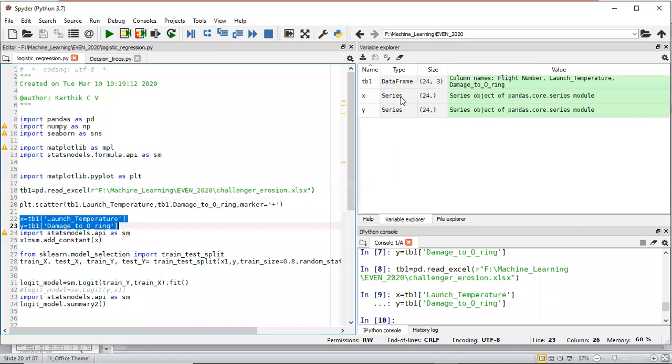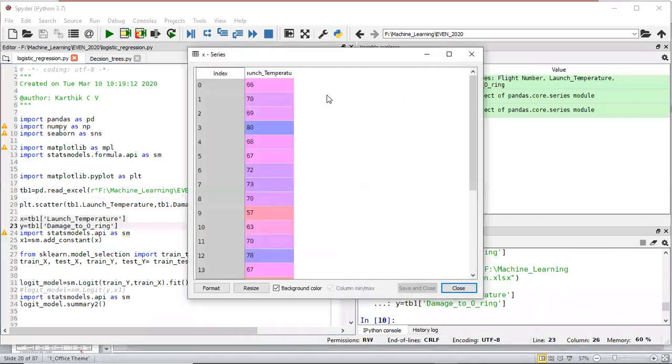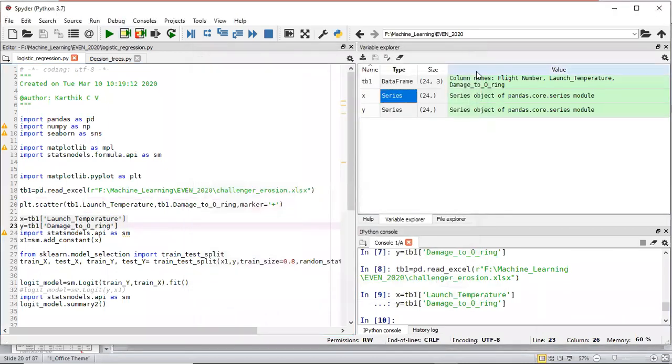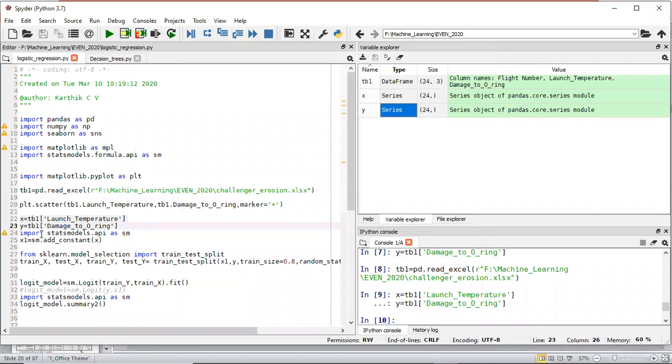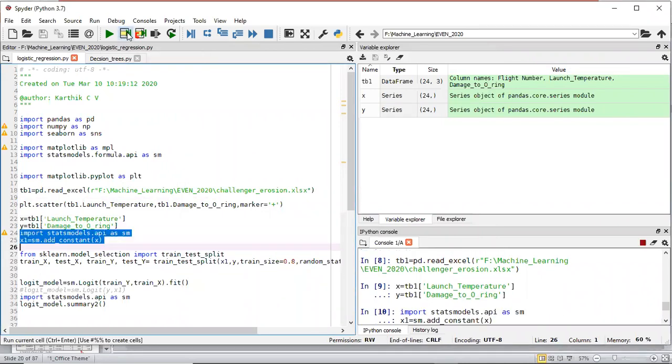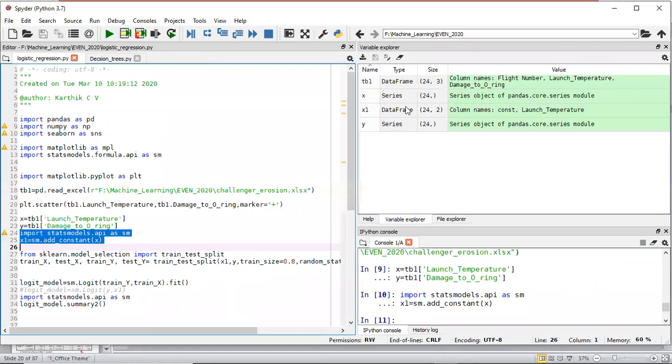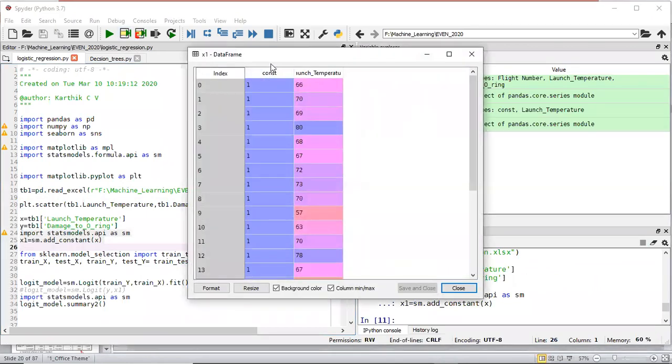So now my X and Y is generated. X is this one, Y is whether there is damage to the O-ring or no damage to the O-ring. Here I'm creating one variable called X1. X1 is the same as X, but with an extra column of constant because I'll be having beta naught plus beta 1 X1. So for the beta naught column, I'm creating a constant here.